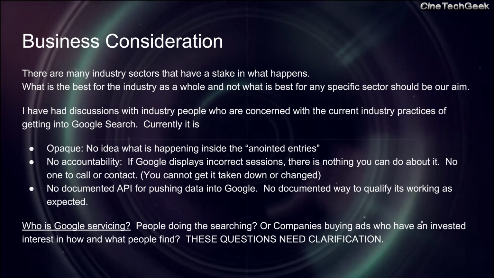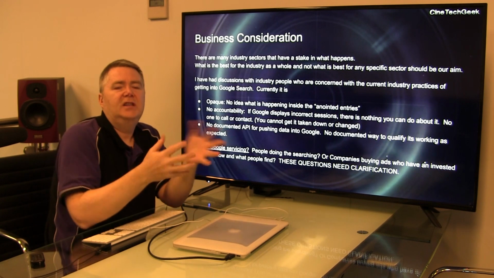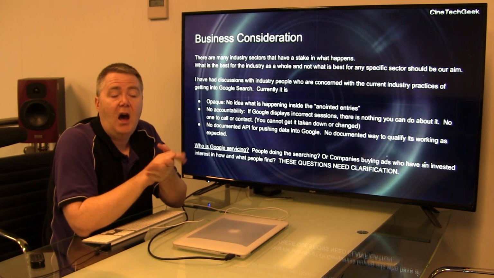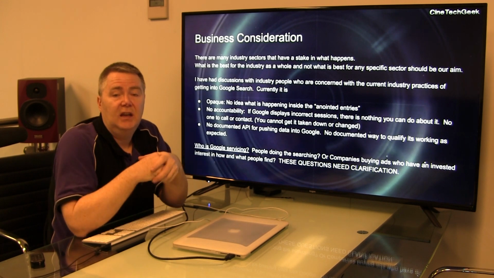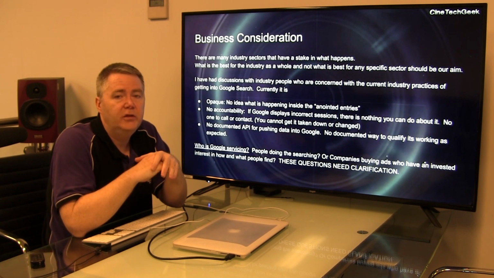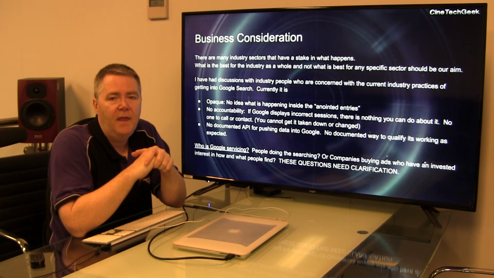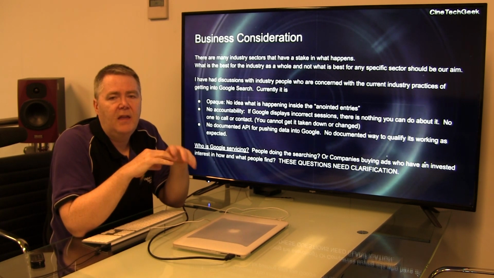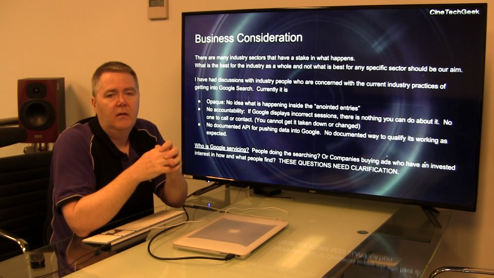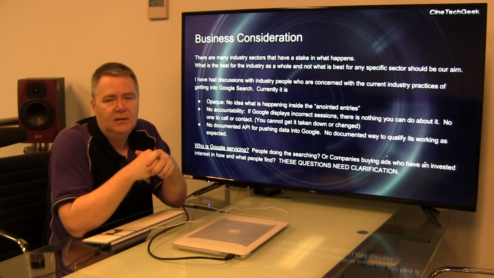What is best for the industry as a whole, and not what is best for a specific sector, should be our aim. Let me give an example of this. In some established markets there are large ticket selling entities, and they would prefer that if you want to see a film, you don't just type it into Google, but think of that company and go through that entity, and through that entity you might purchase the tickets.